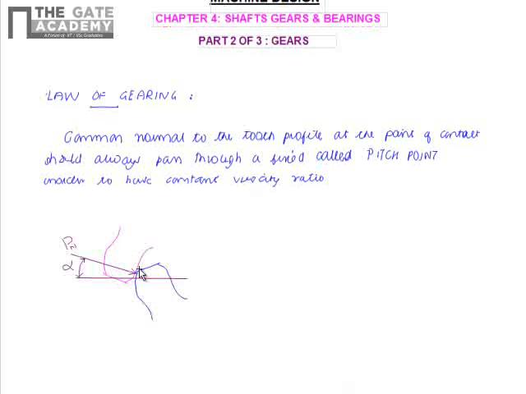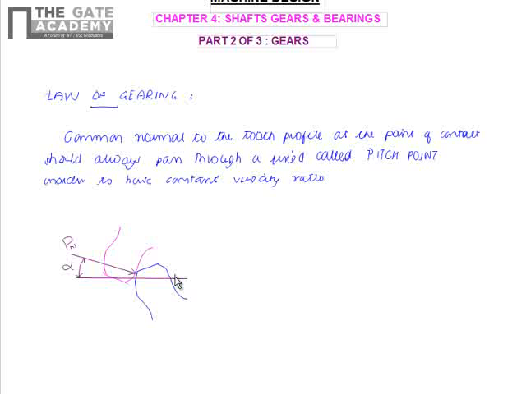That is, if we have two gears which are mating with each other, and this is the point of contact, then this line should always pass through a point P, which is the pitch point.